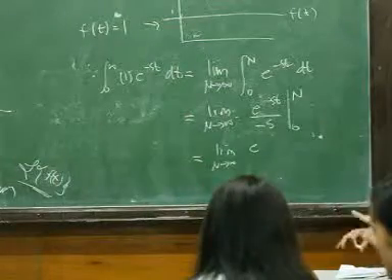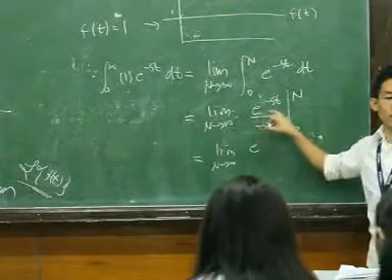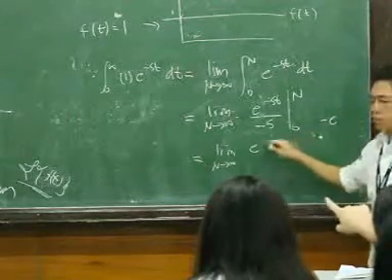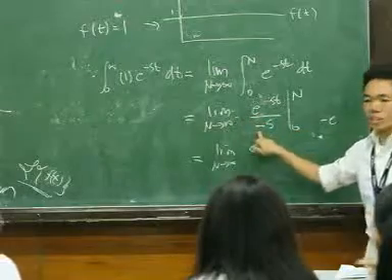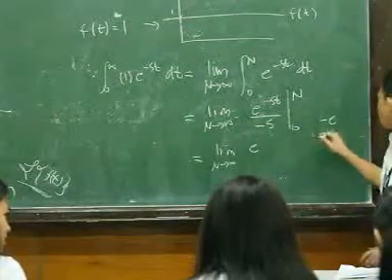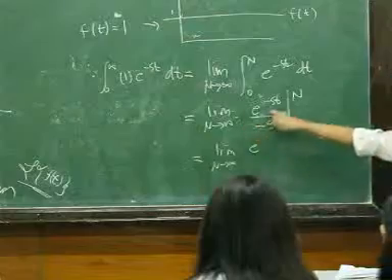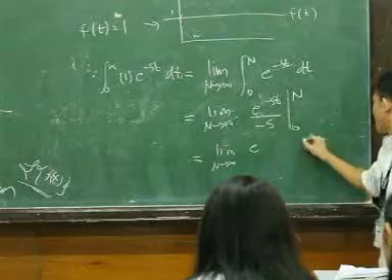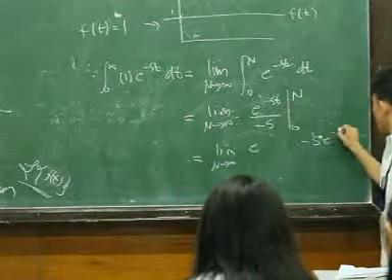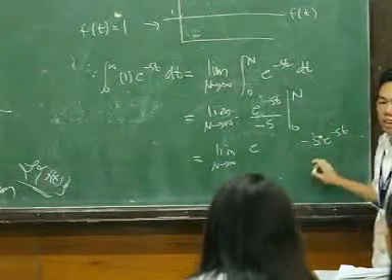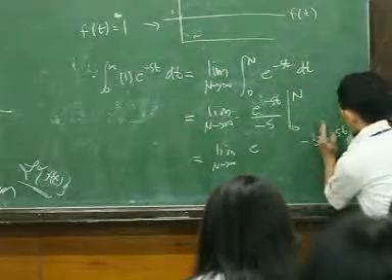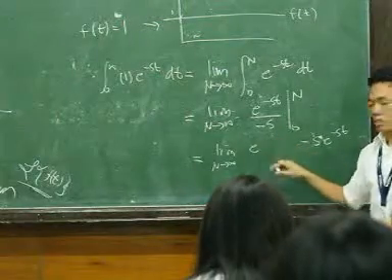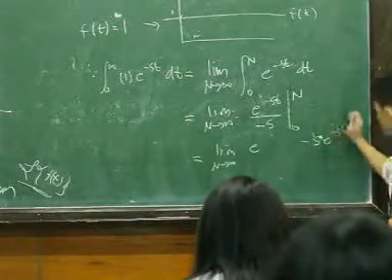Over negative s, because if you try to get the derivative of e to the negative st, we get negative s e to the negative st. Because the integral is this equation only, we need to divide by negative s.